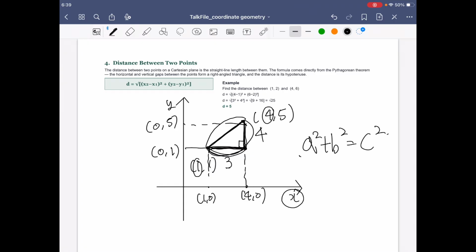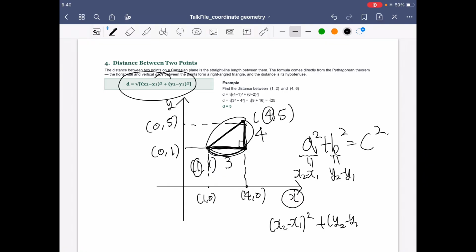And now in this case, a is x2 minus x1, b is y2 minus y1. So that's how we get this complicated formula. x2 minus x1 squared plus y2 minus y1 squared, square root, equals c. And this is the distance.